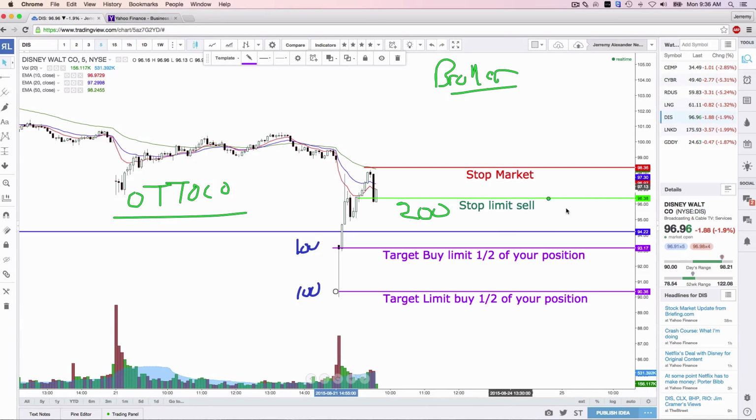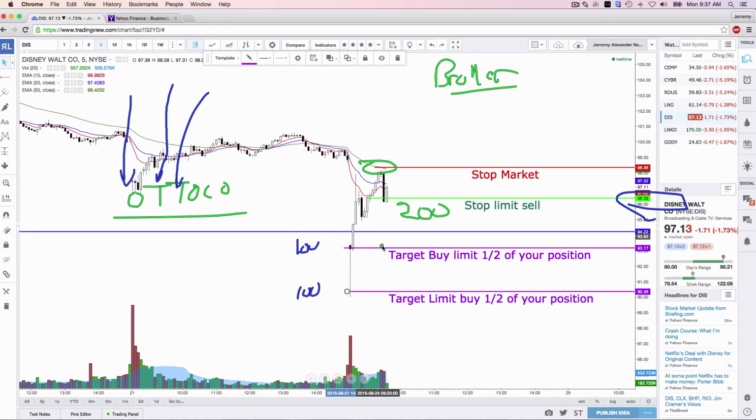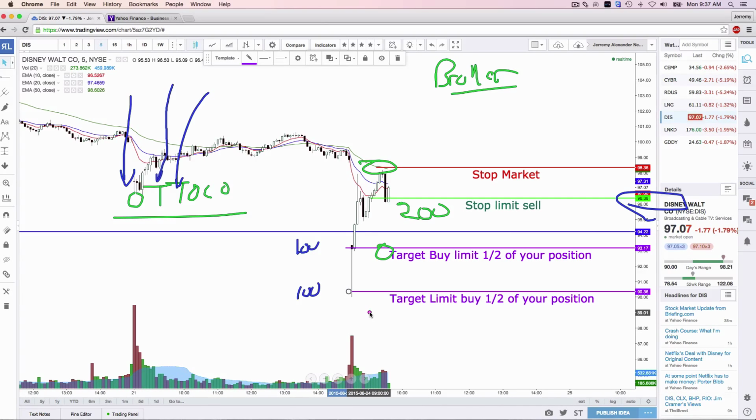What that means is you can set up this order to sell Disney at 96.38, and if that order triggers, then it will set up the OCO of the stop market and then the target at your position.